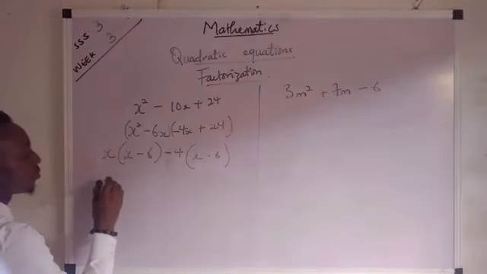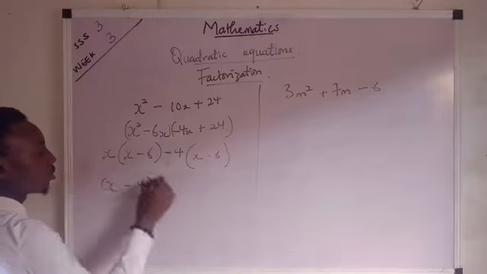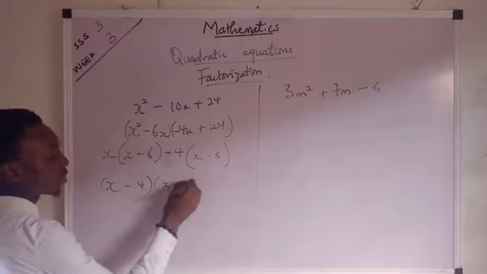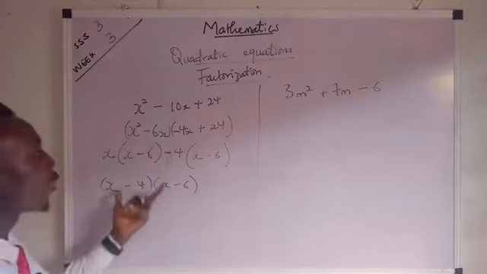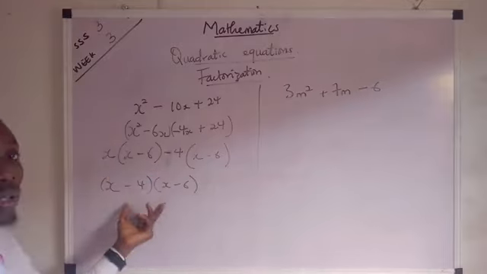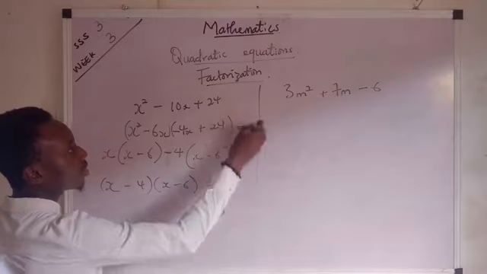Now you have x minus 4, x minus 6. Now this is actually factorization, right? If you are expanding this, remember expansion goes the opposite way. This is actually factorization. Now it equals 0, right?